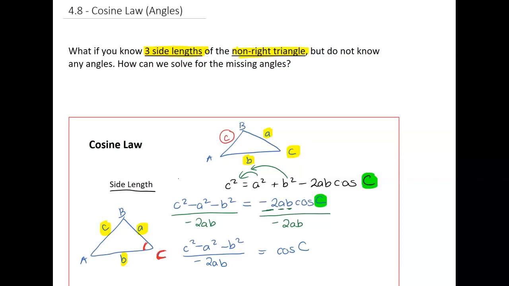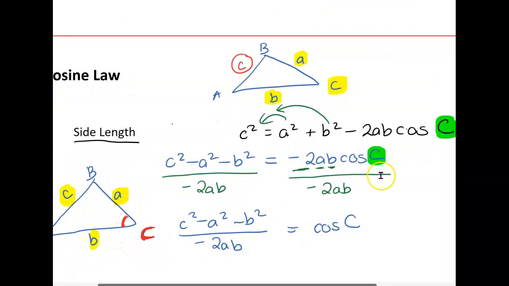Now remember, the reason why I haven't divided out cos is because it's not a number. Remember, cos is a function, it's an operation. So therefore, I can't divide it out. So now, to isolate for the actual variable c, remember we have to get rid of that cos. And because cos is an operation, we have to use the opposite operation, or cos inverse. So to get rid of it, we'll have to use the cos inverse.